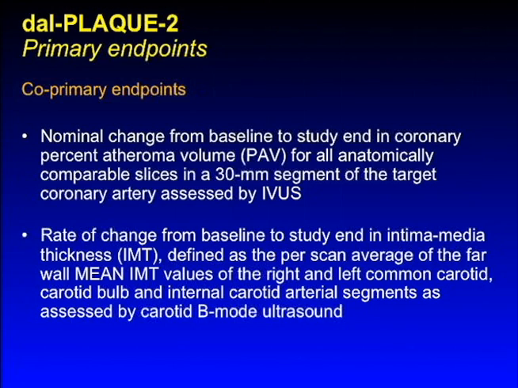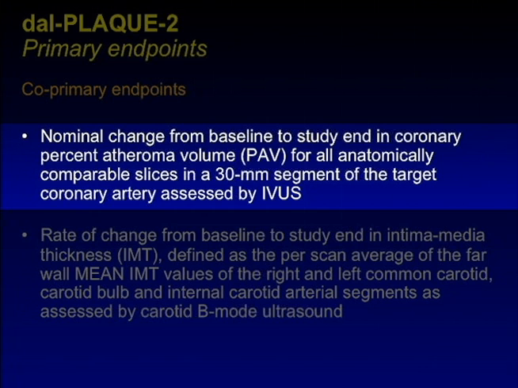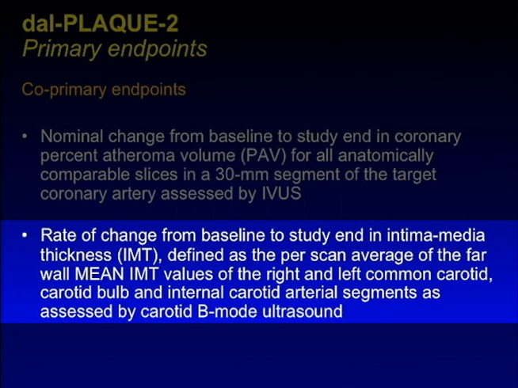2 co-primary endpoints in DALPLAC 2. Again, the same ones as in CAIN Project 3. The nominal change over 2 years in coronary PAV. And the other co-primary endpoint in the carotid circulation, the rate of change from baseline to 24 months in mean IMT that is measured, one thing I did not mention up to now, in both the far walls of the right and left common carotid, bulb, and internal carotid artery.